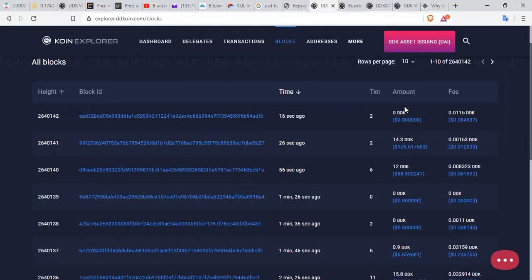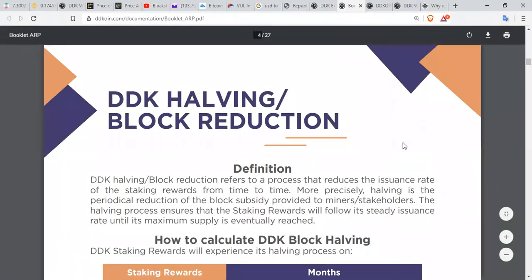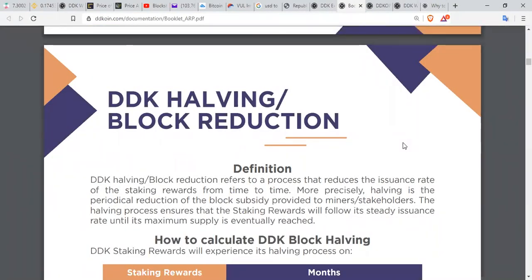So, for this video, we will be explaining DDK block generation and the block reduction, or what we call halving, because just recently we've heard that DDK's staking reward will soon be reduced to 8% based on the timeline or calculated blocks generated.